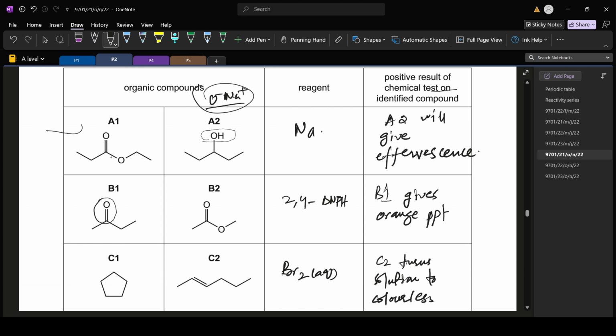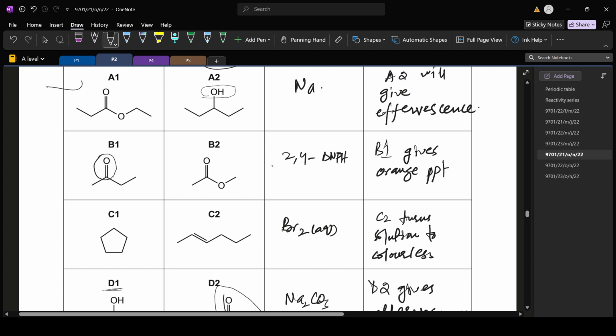The KMnO4 can't oxidize this ester. The KMnO4 has a purple color, so the purple color will decolorize with A2. And with B1 and B2, the ketone is attached to the methyl group, so you can also use alkaline iodine.